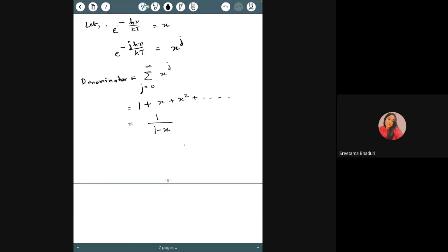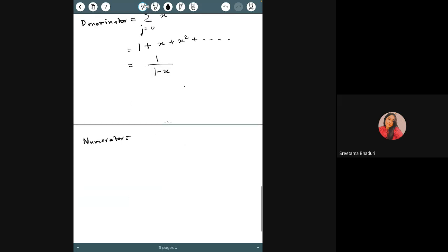Okay. So in the numerator, that is equal to h nu times the sum from j equal to 0 to infinity of j into x to the power j. So this is again another series. The first one is j equal to 0, so the first term is 0.